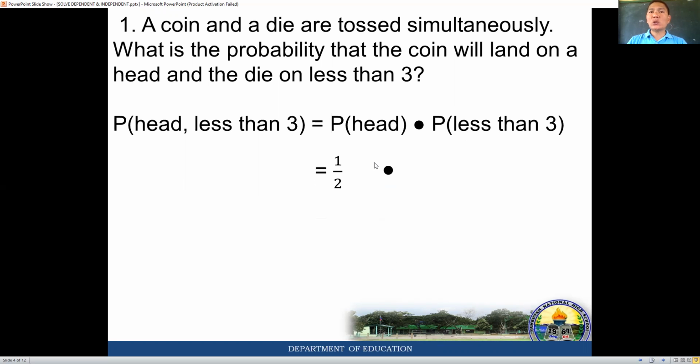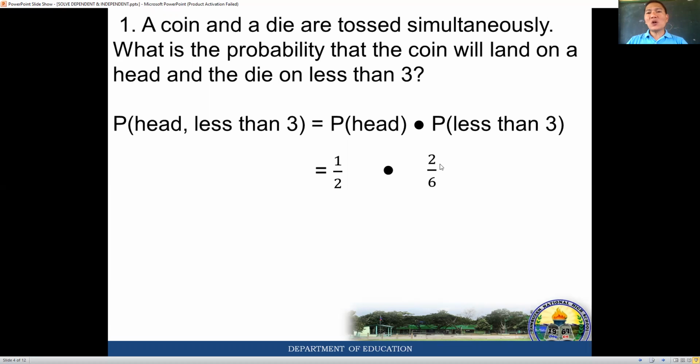So there are 2 favorable outcomes out of how many total outcomes are there in rolling a die? There are 6. So the probability of landing on a die which is less than 3 is 2 over 6. So that is 1/2 times 2 over 6.